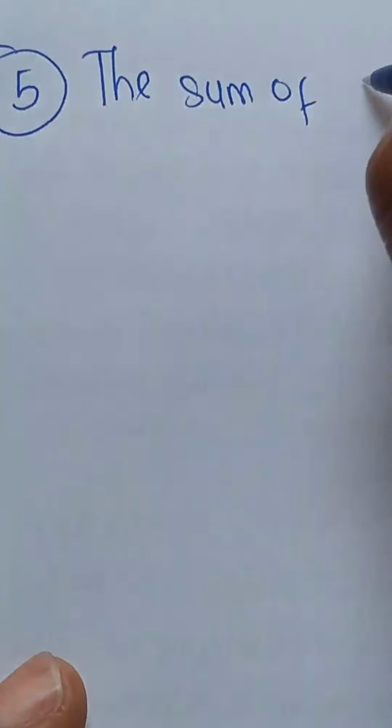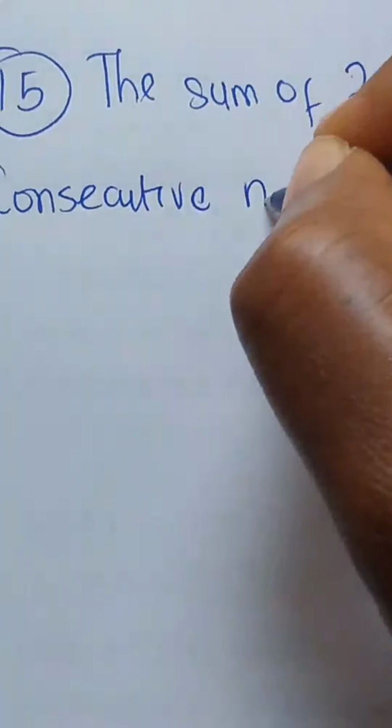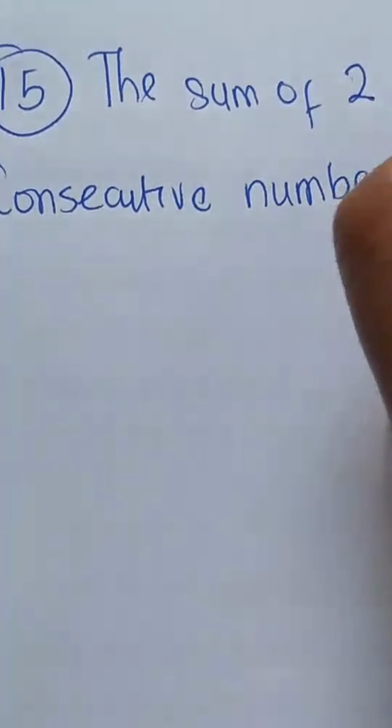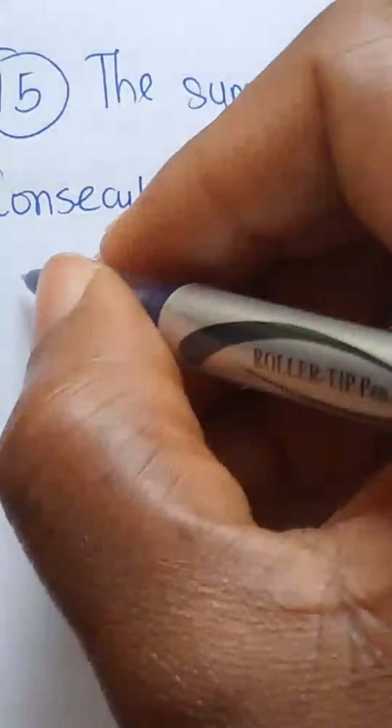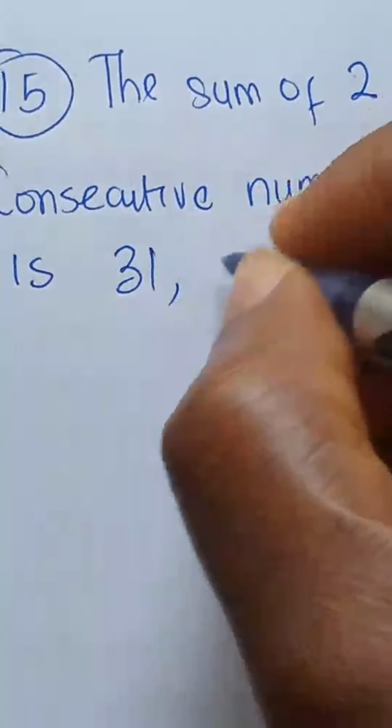The next question is question number 15. The sum of two consecutive numbers is 31.